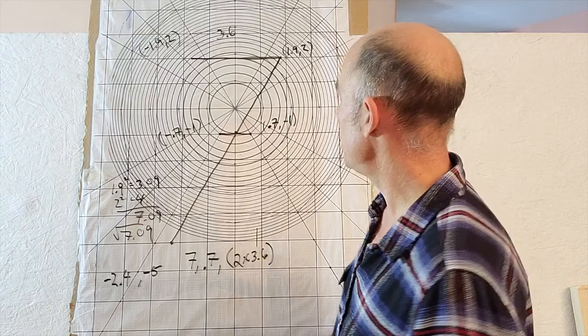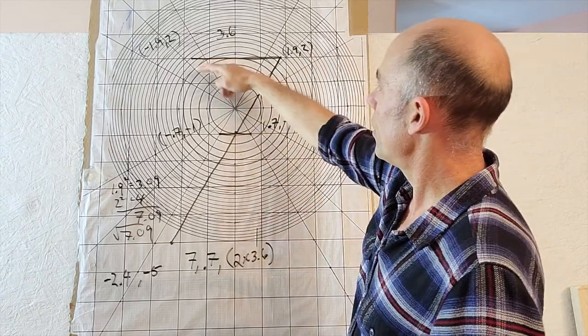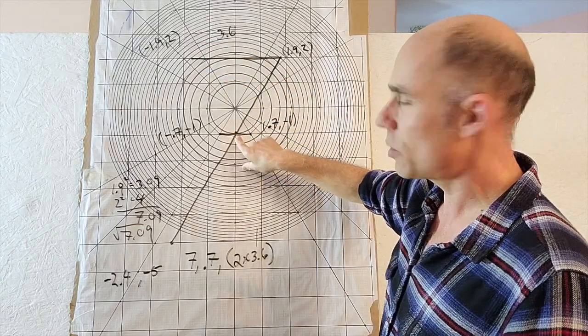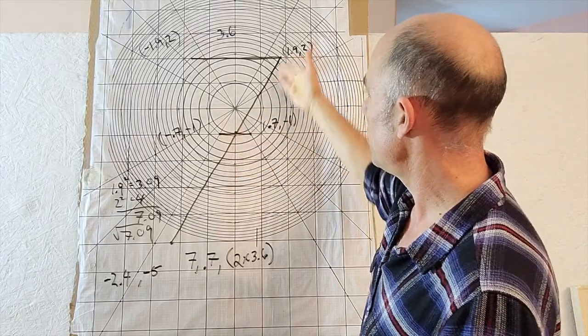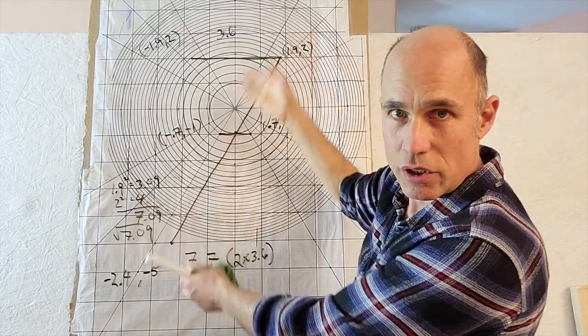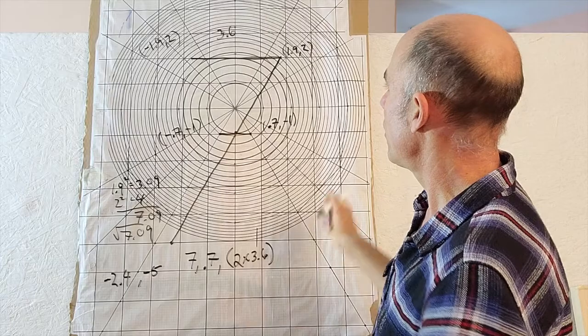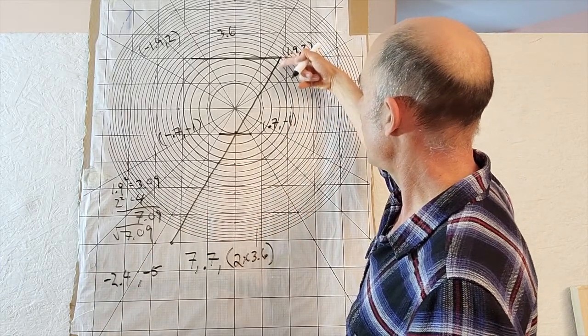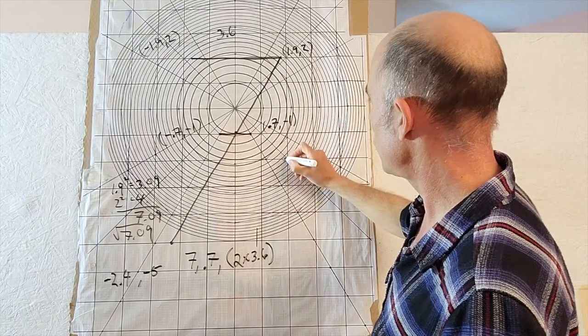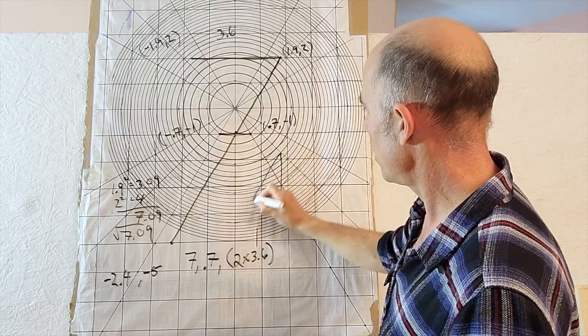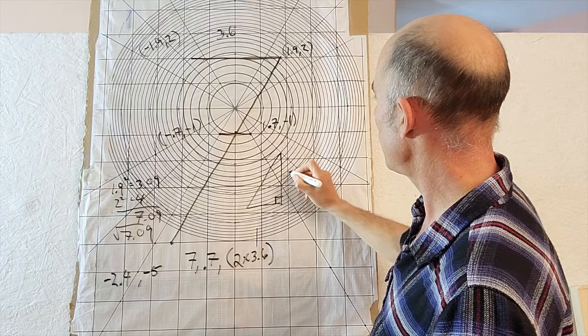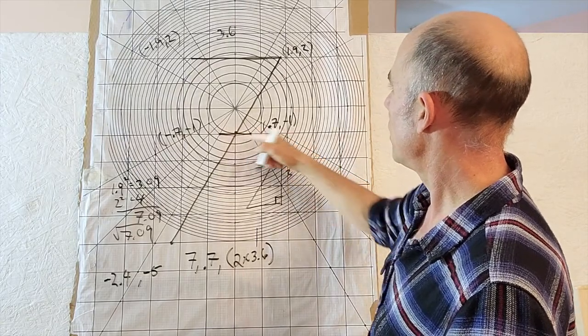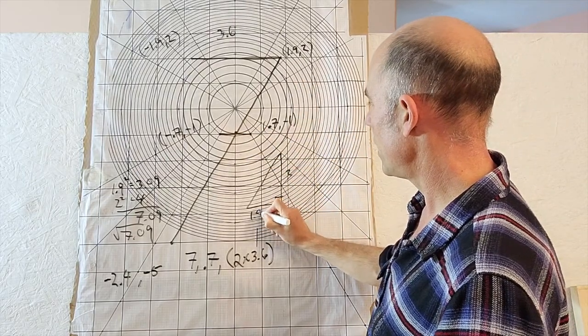So again, just to be clear, when this line swings down, it's just past here a little bit. Remember, this is going to be a square root kind of thing. Well, we can actually maybe do that just to be clear. We have the length of 3 on this side, so I'll draw this triangle here. Again, it's a right angle triangle. This side is 3. This side is 1.9.